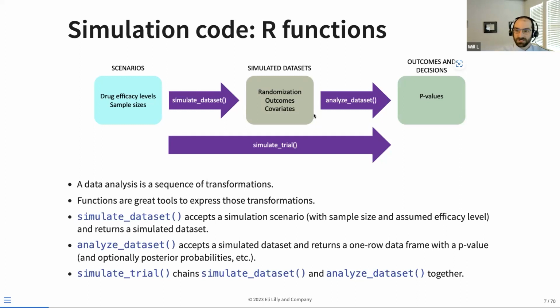We have another function to analyze that data set, and then a function that composes both to simulate and analyze together. These functions are shorthand that make our code much easier to read, cleaner, easier to maintain, and very clarifying and nice to work with.